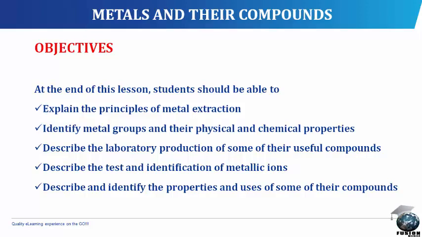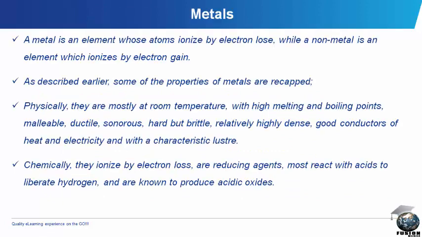So let's get started. What is a metal? A metal is an element whose atom ionizes by the loss of an electron. That's the basic thing that identifies a metal. A metal always loses an electron to enter into a stable state. So when it enters into a stable state, it becomes ionized.